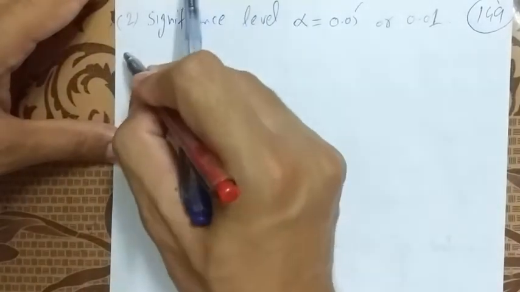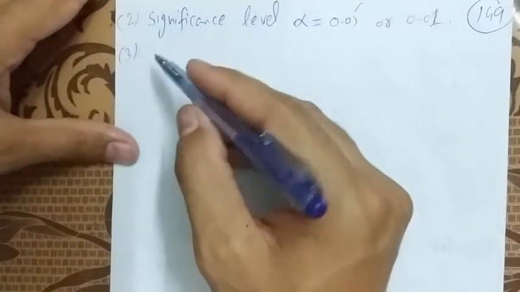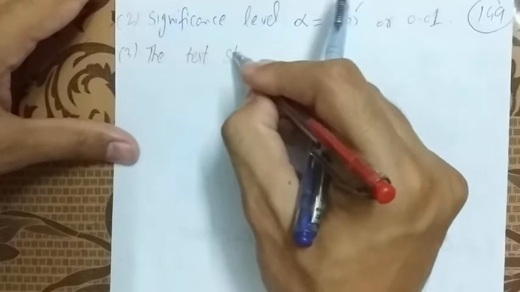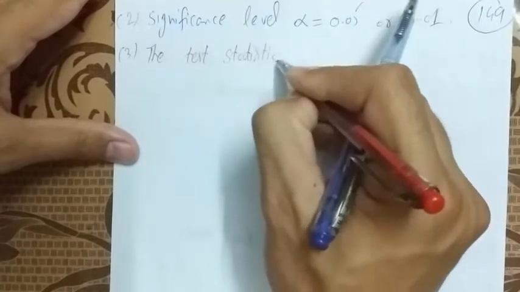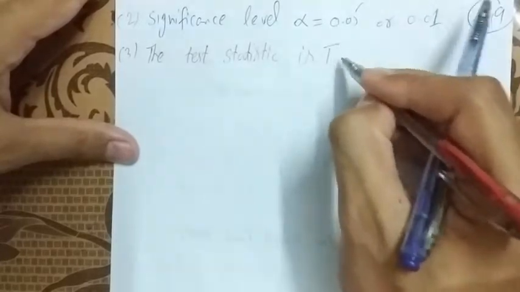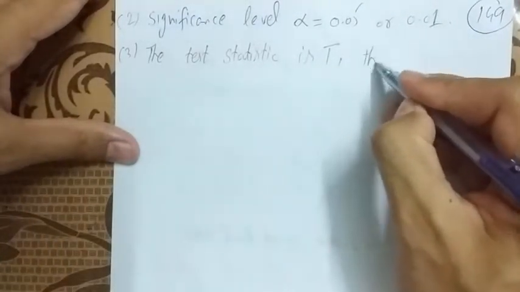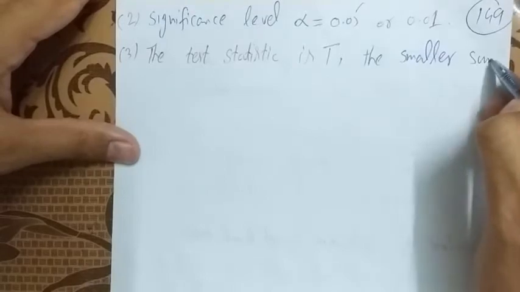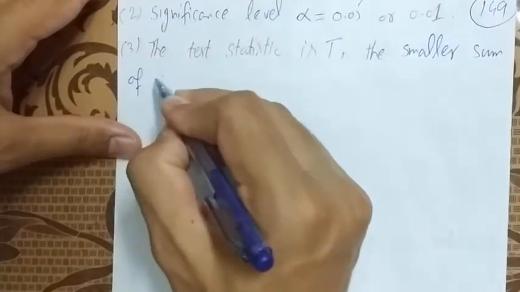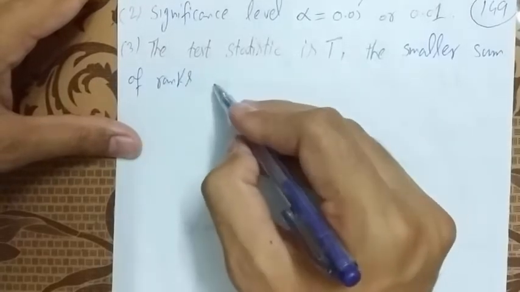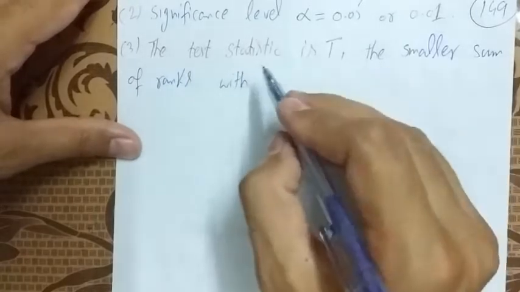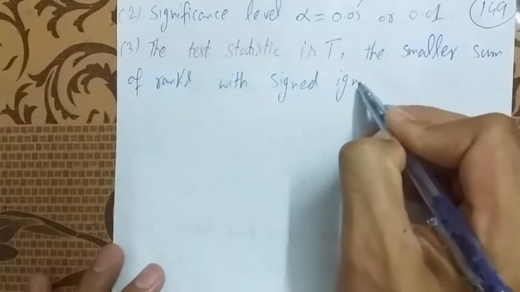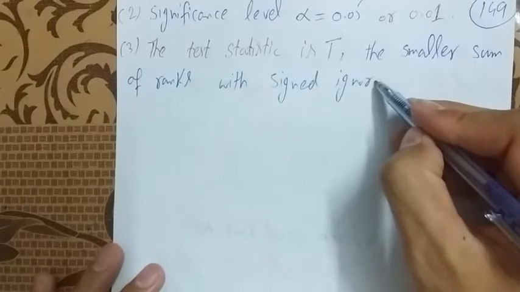In the third step, students, the test statistic, denoted as capital T, is the smaller sum of ranks with sign ignored.